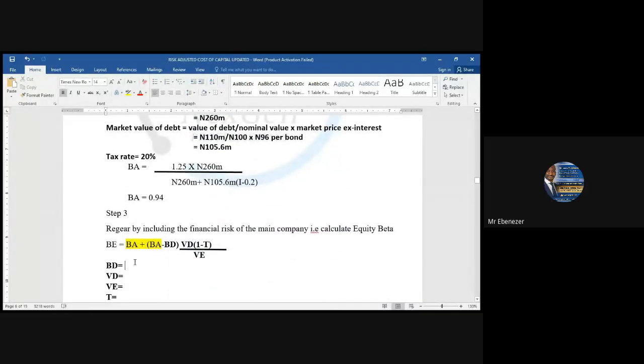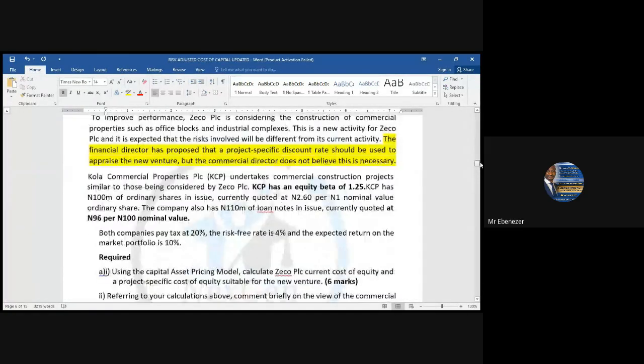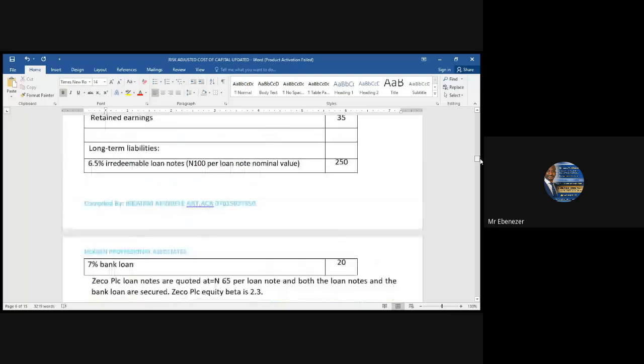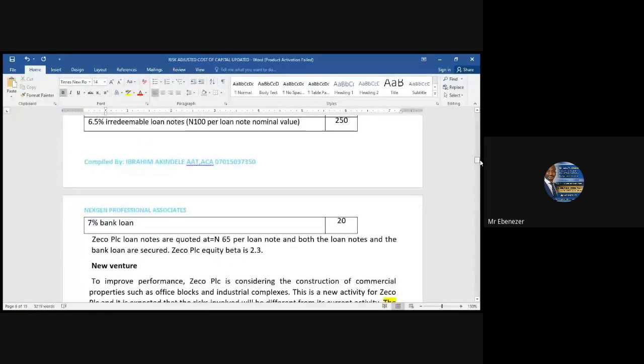Beta debt is this. The next thing is the market value of debt. Are we given the level of gearing or debt to equity ratio, all those things? I don't think so. Let's check if we have to determine the total value. What do we have?